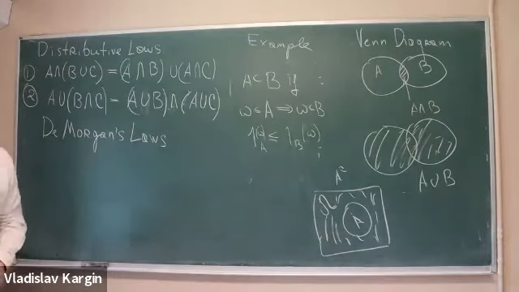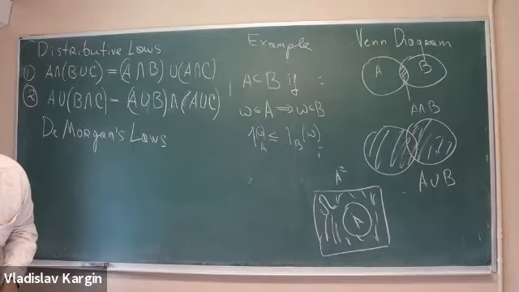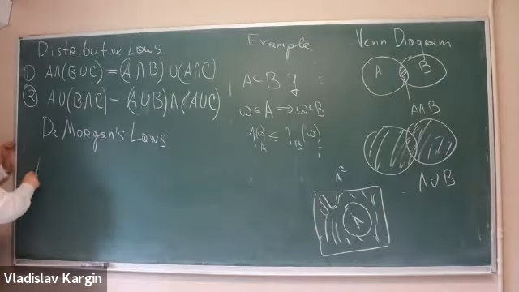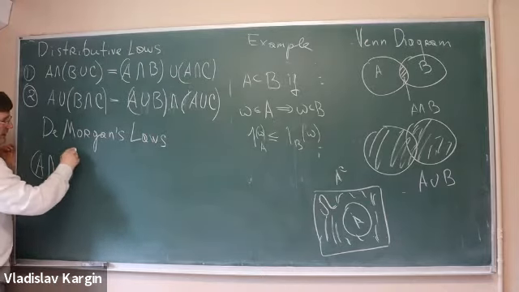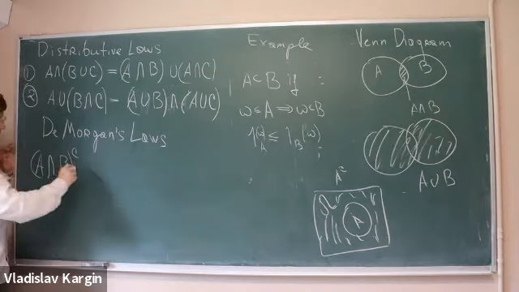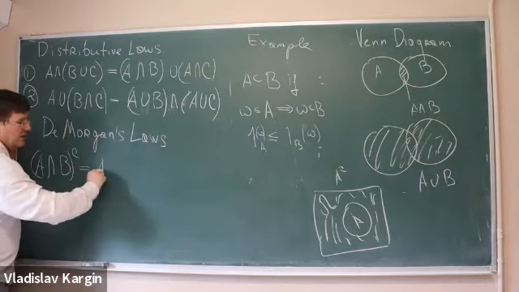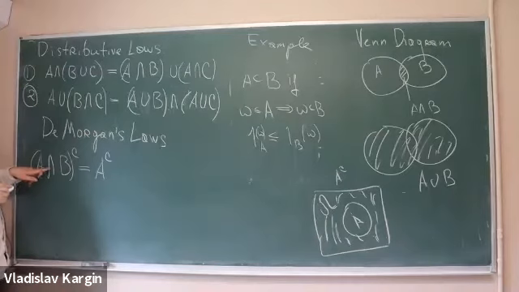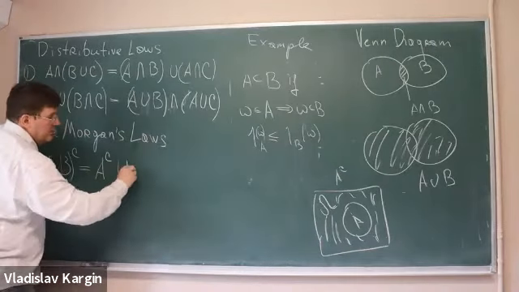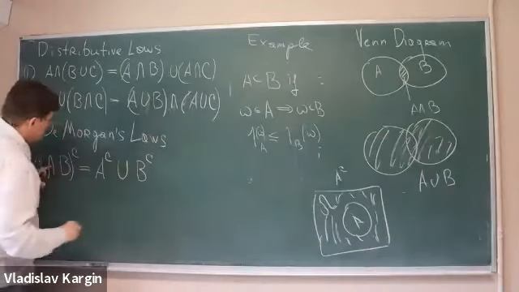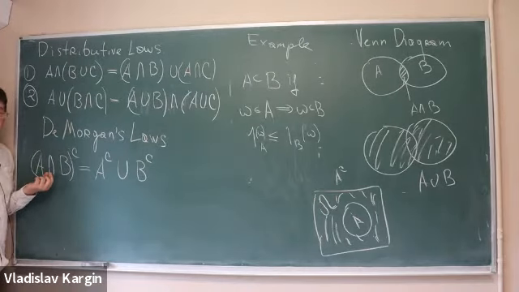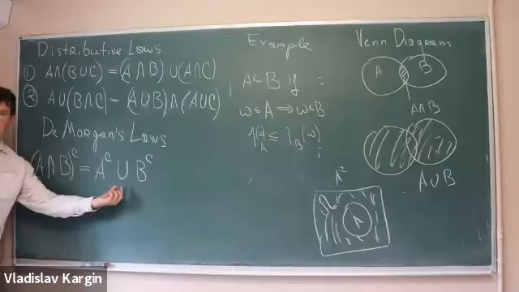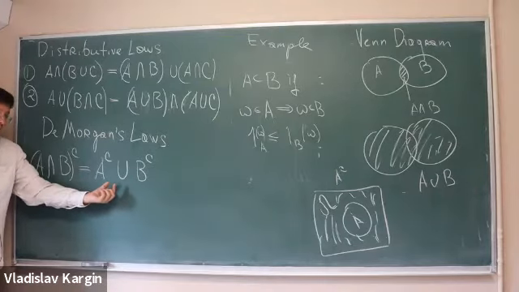So again, how I wrote it here: A intersect B, and I take the complement of this. It turns out that this is A complement, and instead of intersect, I put union, B complement. So the complement of the intersection is equal to the union of the complements. This is easy to remember.